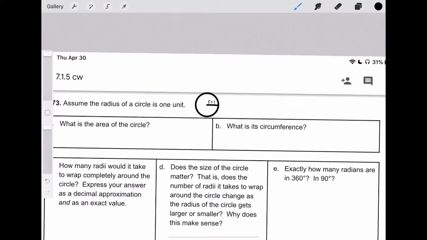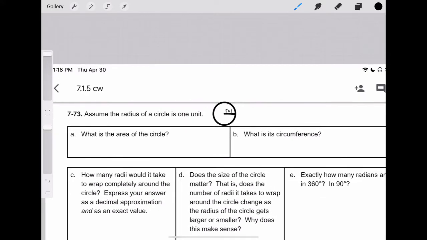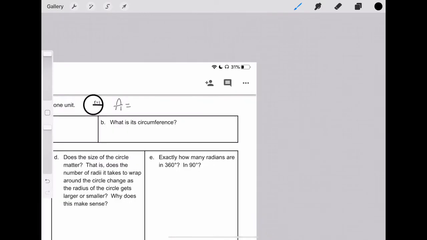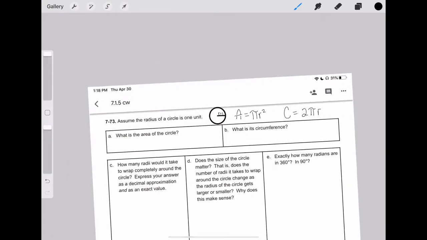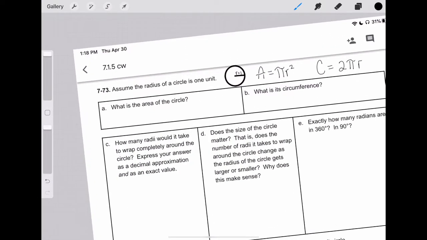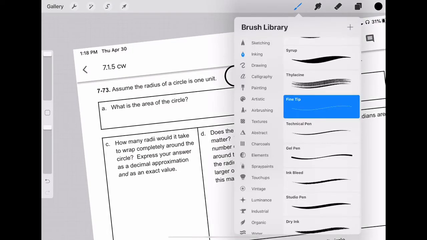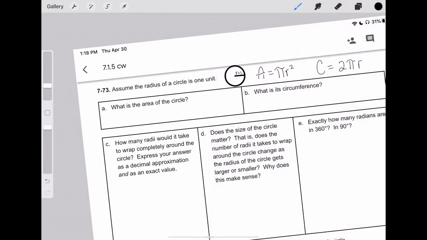Okay, so let's write down the formulas for the area of a circle and the circumference of a circle. Area is pi r squared, and the circumference is 2 pi r. So if I know the radius is 1, then the area is equal to pi 1 squared, which gives you pi.